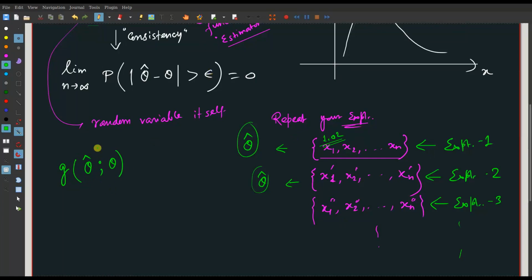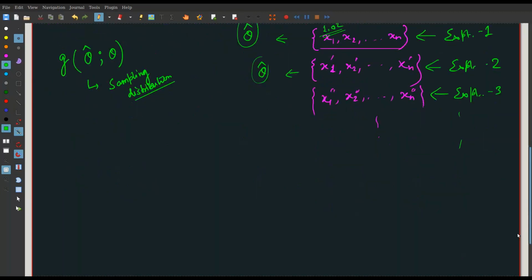So the distribution of the estimator will also implicitly depend on theta, and I will call this my sampling distribution.